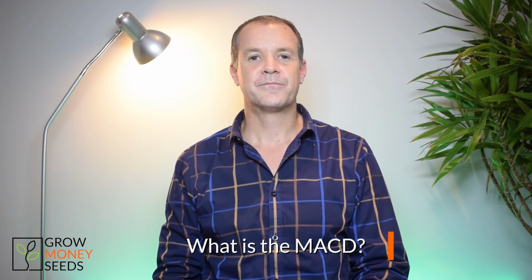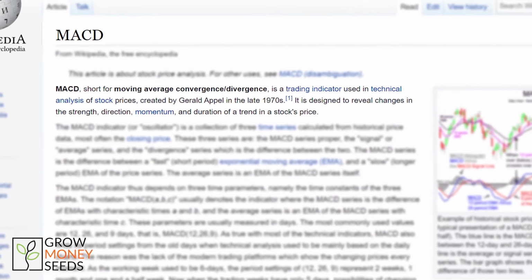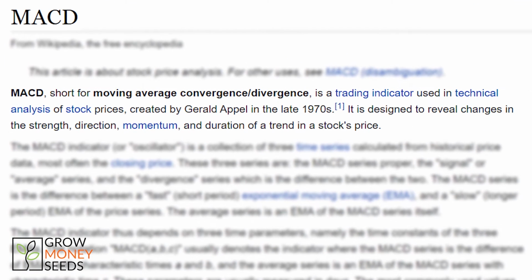What is the MACD? The MACD is short for Moving Average Convergence Divergence. It is a trading indicator used in technical analysis of stock prices, created by Gerald Appel in the late 1970s. It is designed to reveal changes in the strength, direction, momentum, and duration of a trend in a stock's price.